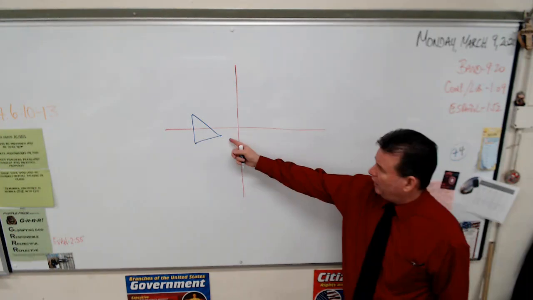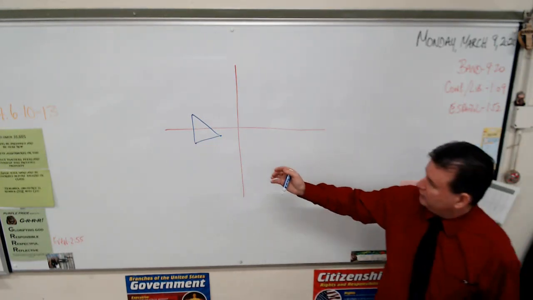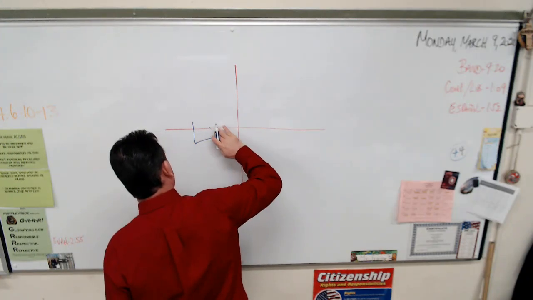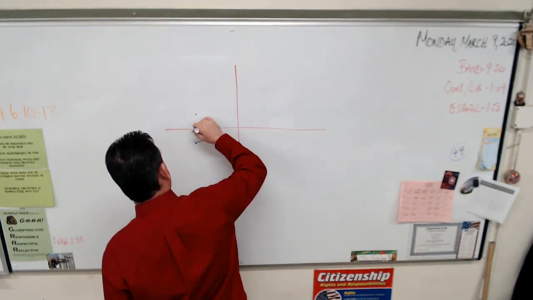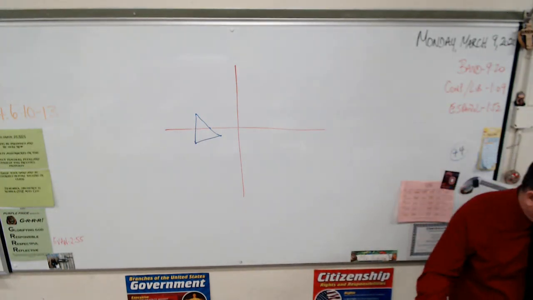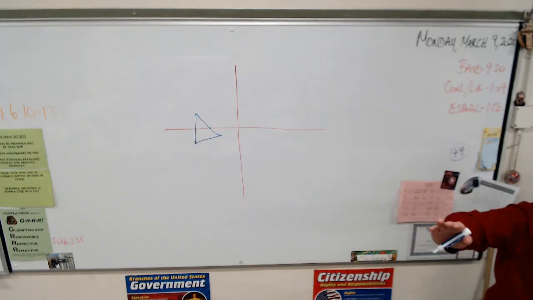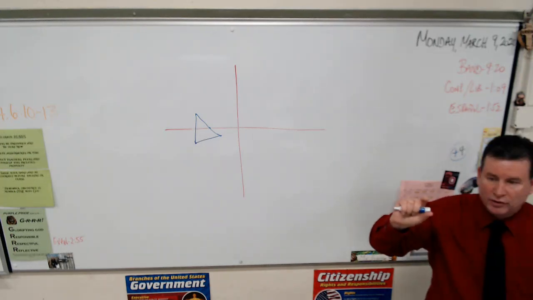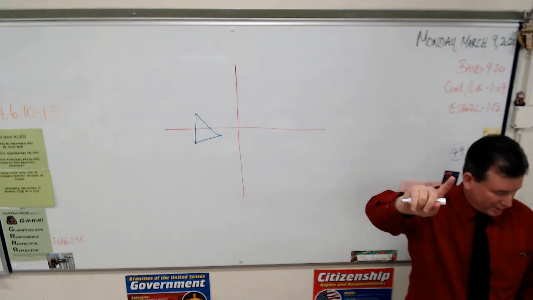-2, 1. -5, -2. -4, 2. Something like that. Okay. 90 degrees counterclockwise. I got to take all of my vertices, switch the coordinates, multiply the first one, because it's counterclockwise, by -1.